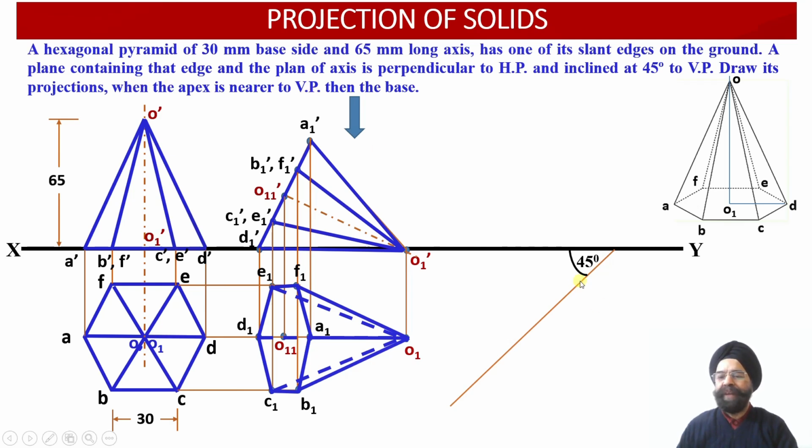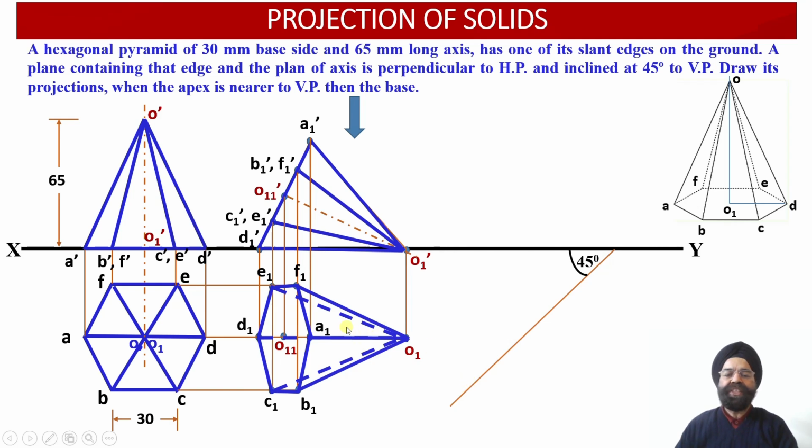So the apex point will be located here, and the rest of the hexagonal construction has to be transferred over here at an angle of 45 degree with respect to the vertical plane, such that points O1, O11 and D1 lie alongside this orientation line at 45 degree.